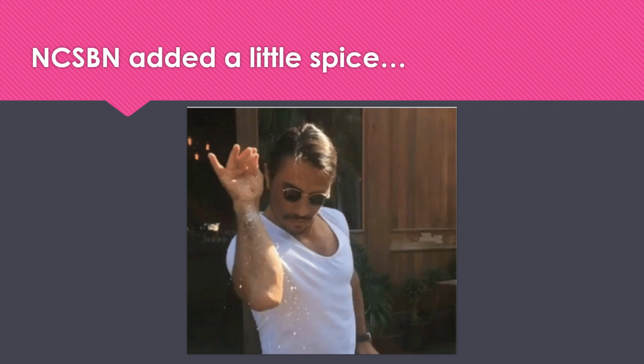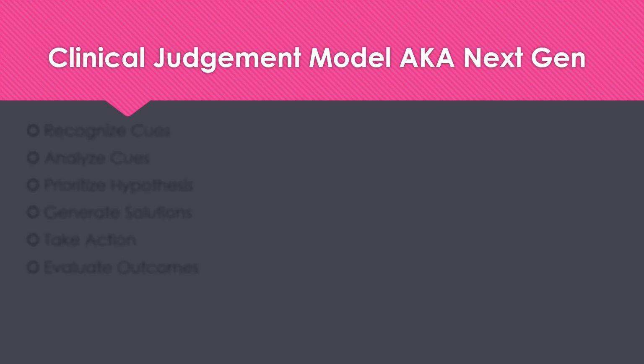So the NCSBN took everything we just talked about, critical thinking, clinical reasoning, decision making, the nursing process, Tanner, and added a little bit of spice and developed the steps of the clinical judgment model. So the clinical judgment model follows the same processes we discussed and changed the names.